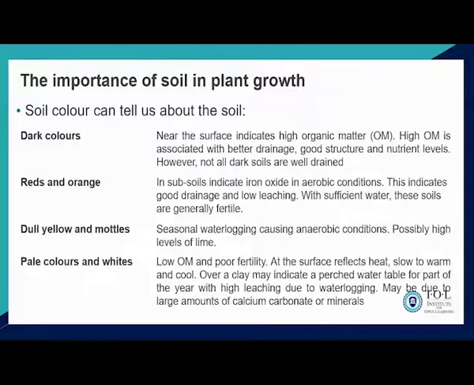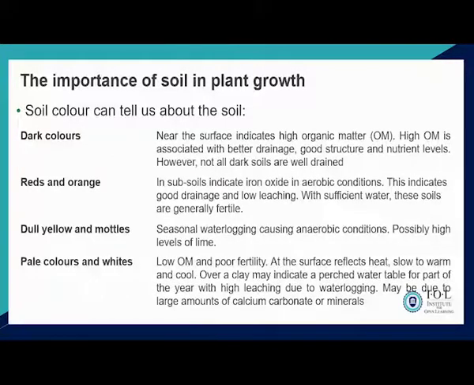When dark colored soils are encountered, that would mean that near the surface there is high organic matter, and high organic matter is associated with better drainage, good structure, and nutrient levels. However, not all dark soils are well drained, and we might have observed this with clay soil. You find that it's darker, but does not necessarily have good drainage.